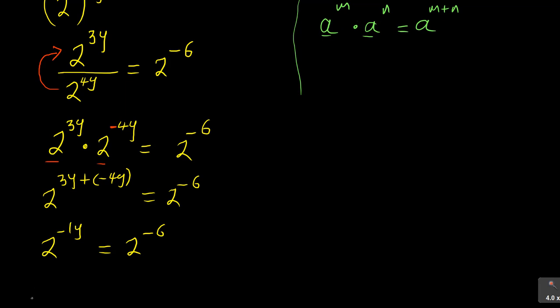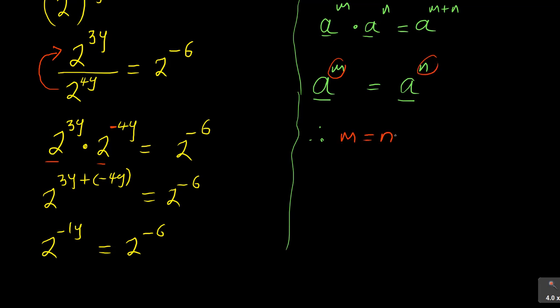So now to conclude this particular question, there is a rule in exponential equations which says, if I'm given a to the power of m is equal to a to the power of n, and the bases are the same, therefore we can conclude that these exponents m and n are also equal, so you can say m is equal to n.